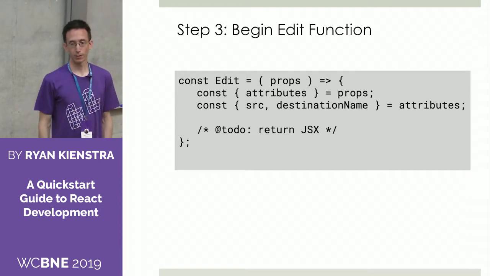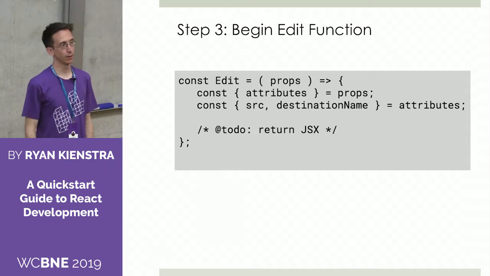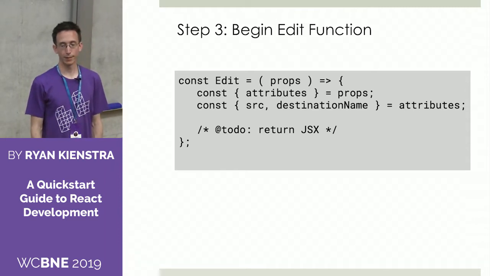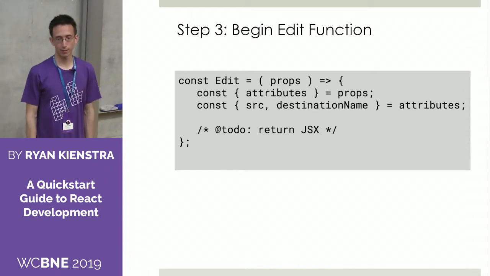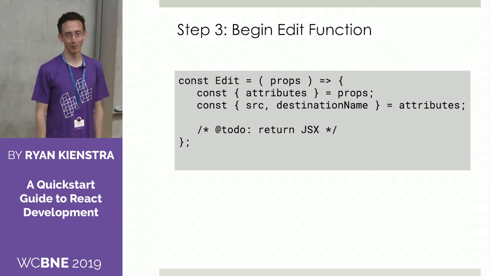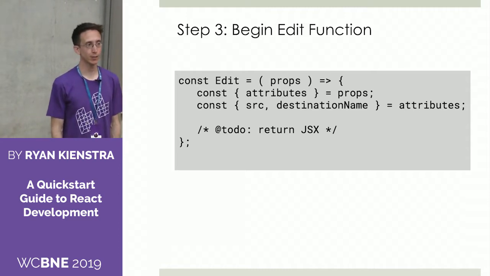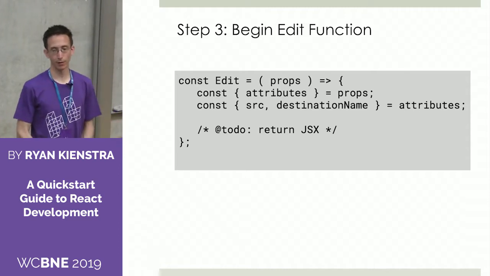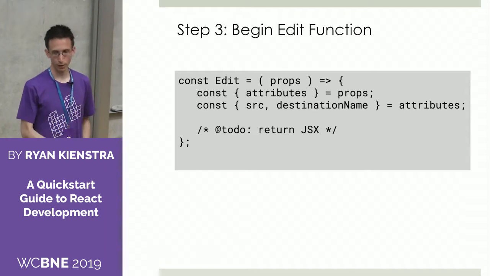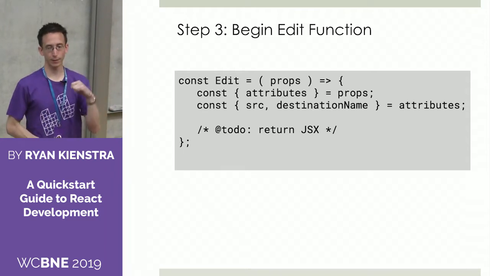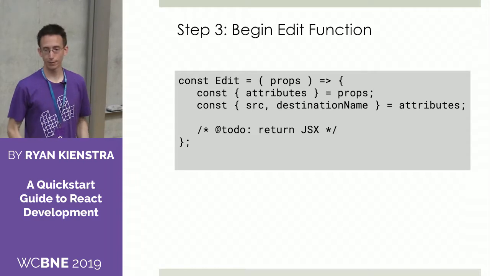So we'll store those in source for that photo and for the destination name. You can see it's sort of double destructuring there. We're first getting attributes and then separating that out. There's a shorthand for that that you can use also, but that'll do the trick for this example. You also see that edit is capitalized here, which is the convention for all these.